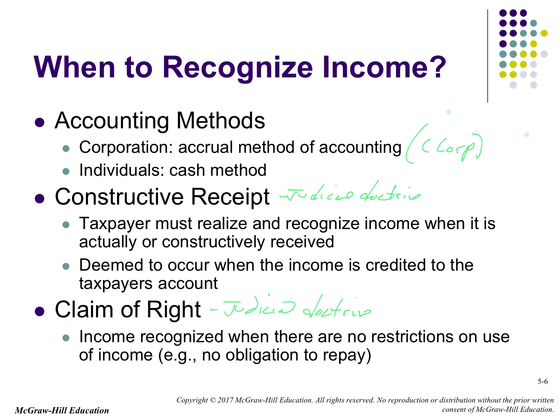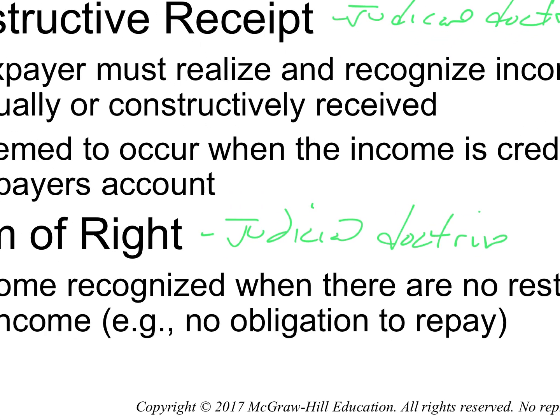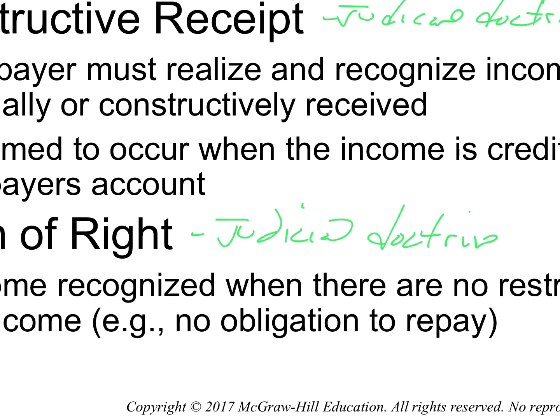All right, and we've already talked about constructive receipt, okay? You're deemed to have received income when the taxpayer has the ability to control that income, okay?